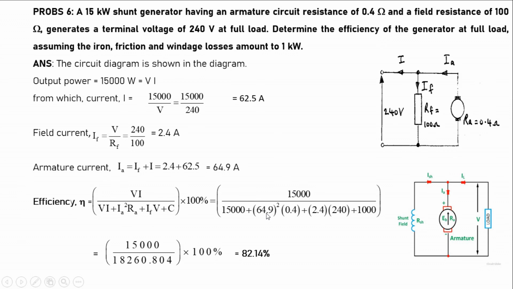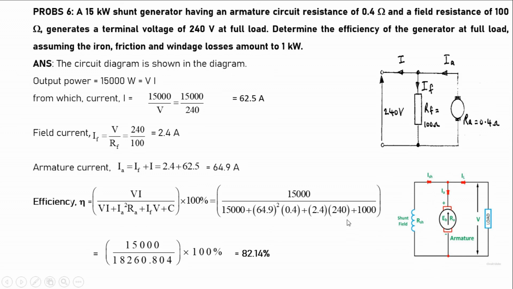What is the I square R loss? I square R loss is the armature copper loss, IA square into RA, plus the shunt field loss. Losses are in terms of watts, so voltage into current. IF is the shunt field current into V. So 240, as this full voltage is coming across the shunt field.